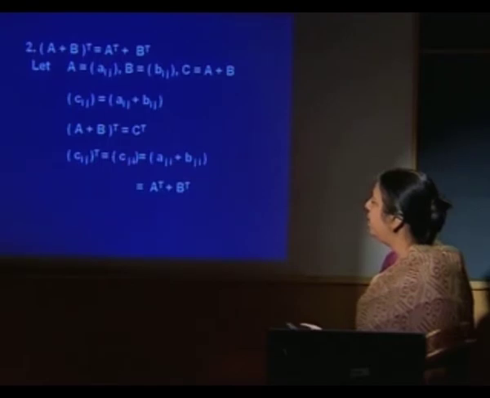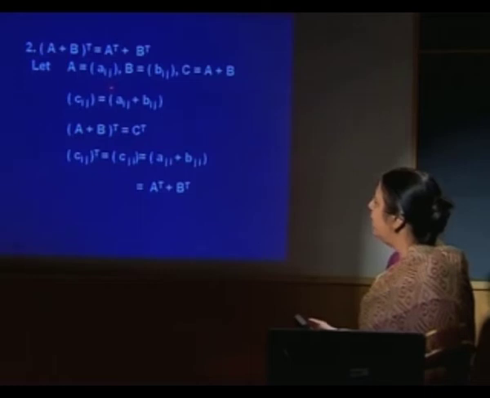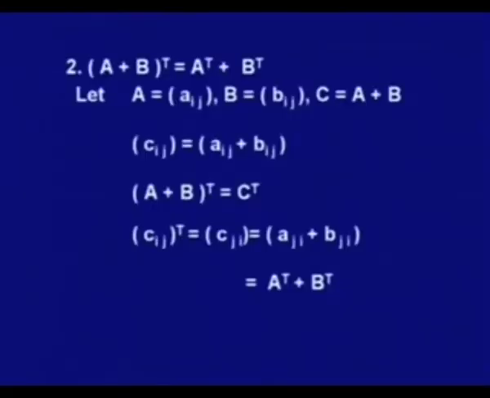Rows and columns are interchanged. Now Cji will be Aji plus Bji by definition. Then what is Aji? Aji is A transpose because A is defined as Aij, and Bji is B transpose. So we have proved that C transpose is equal to A transpose plus B transpose, that is, (A plus B) transpose is equal to A transpose plus B transpose.